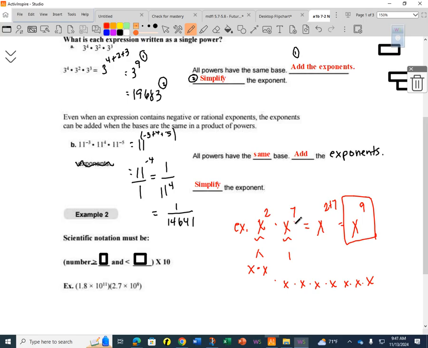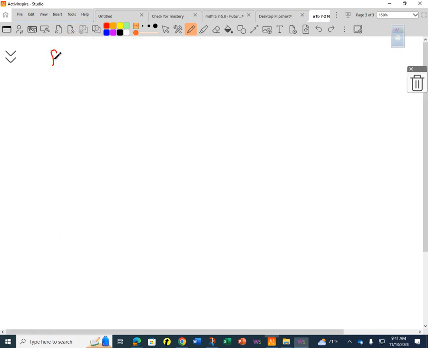Let's do number 8 on your worksheet together now. Number 8 is negative 4 times k to the negative 3rd power times 6k to the 4th power. I don't know why I put a parentheses there. It doesn't have one.